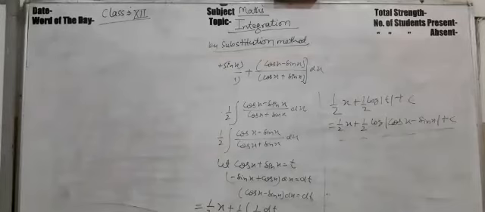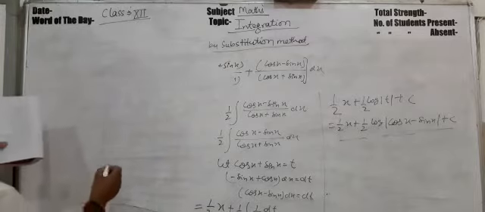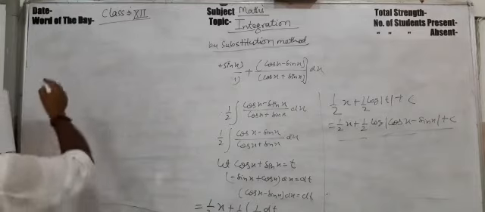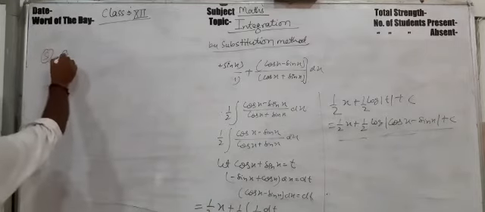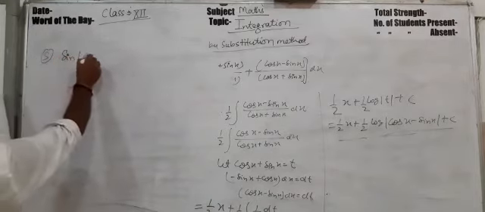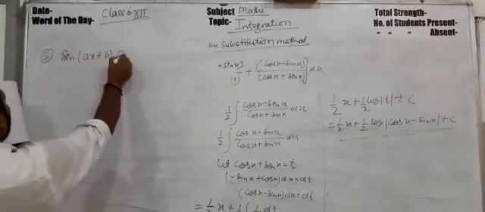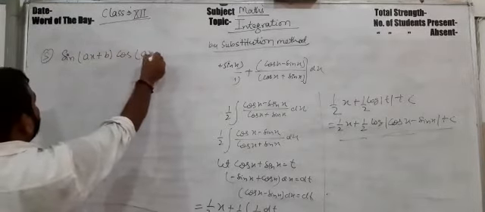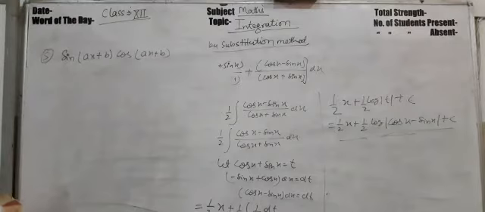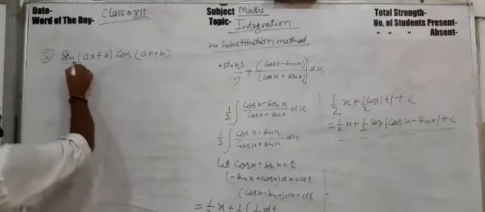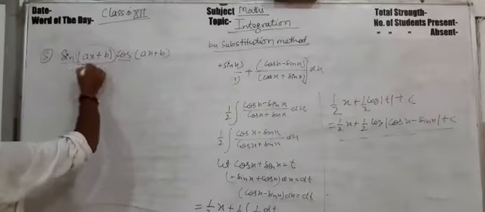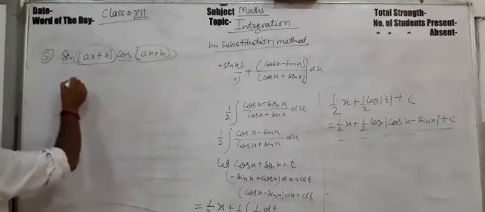Let's discuss another example. Suppose NCERT 7.2 question number 5. It is given as sin of ax plus b into cos of ax plus b. So two parts are there, sin and cos, as well as the angle. So first we will take the angle.